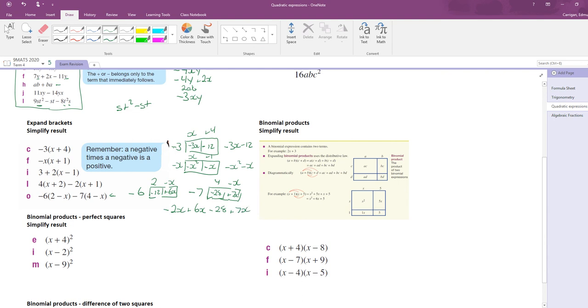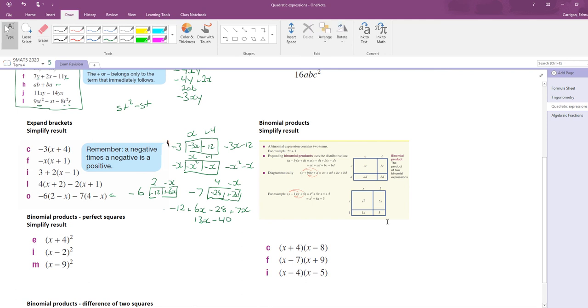Adding them together, the first term I had in there was minus 12. Minus 12 plus 6x minus 28 plus 7x. So it's 13x minus 40. All right, so I'll leave you to the rest.